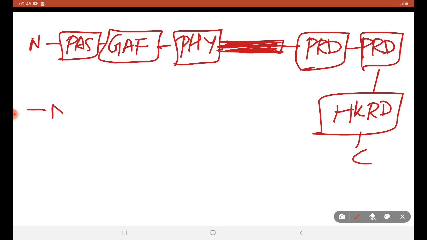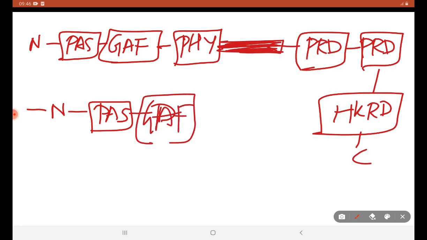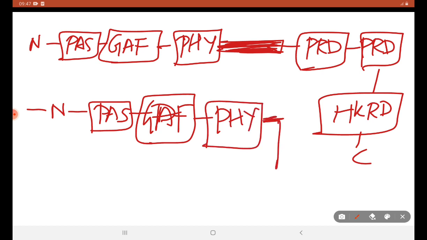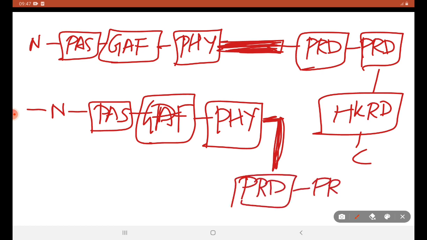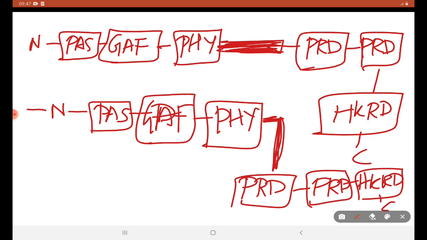This replica will also be seen because it is a dimer, and each has a GAF domain, and each has 125 kilodaltons, a hinge region, PRD domain, and HKRD domain at the C terminal.